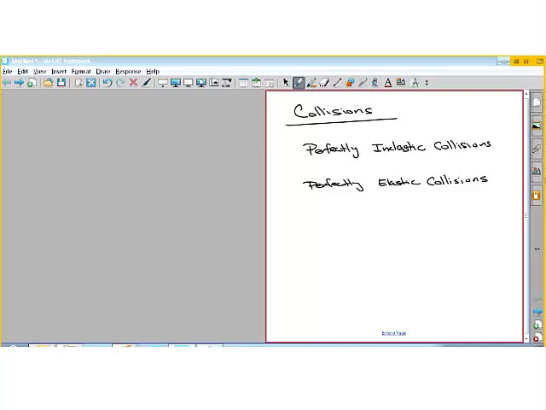And the basic concept here is, in a perfectly inelastic collision, the maximum energy is lost. In a perfectly elastic collision, no energy is lost. So our closest example to perfectly elastic collisions are our billiard ball cases, or if we have two objects that have springs on them.